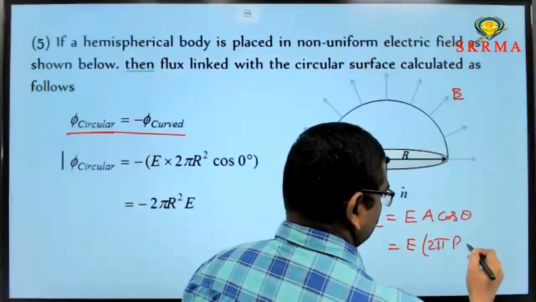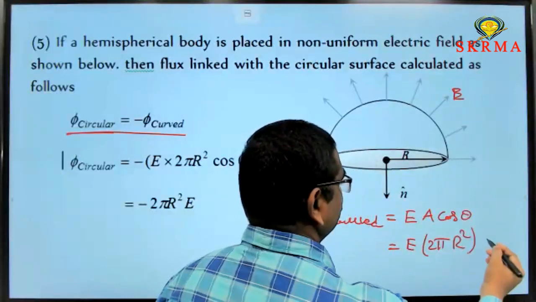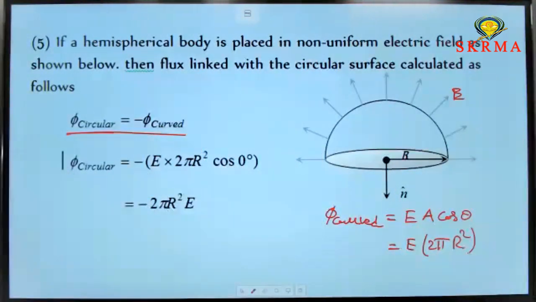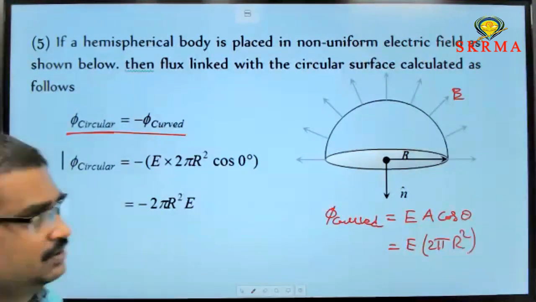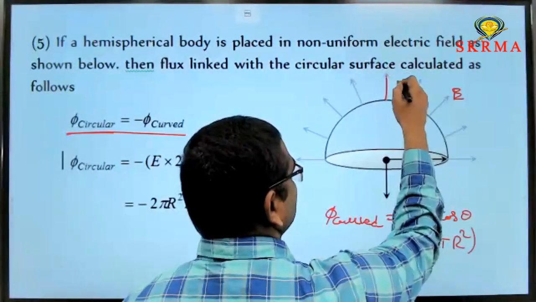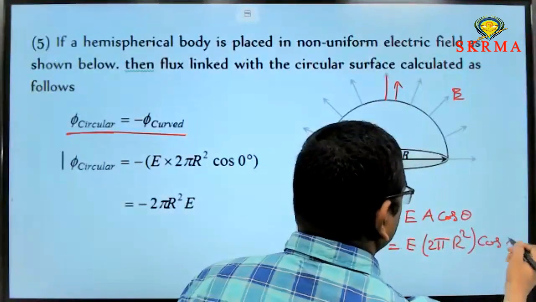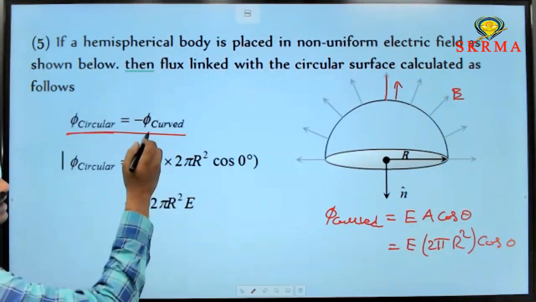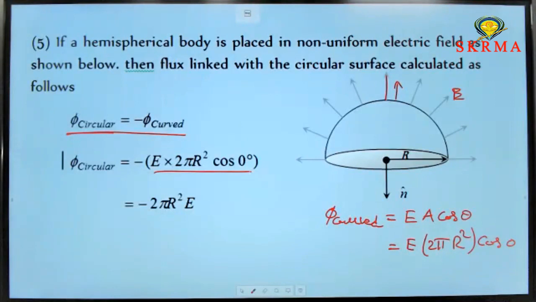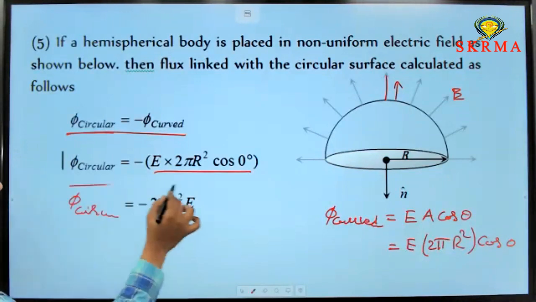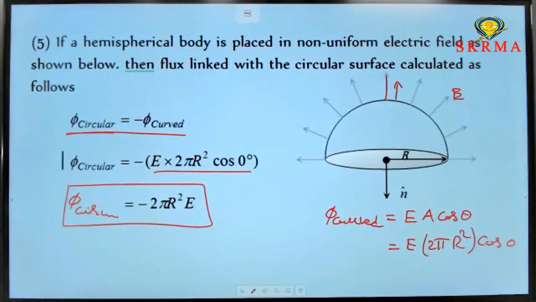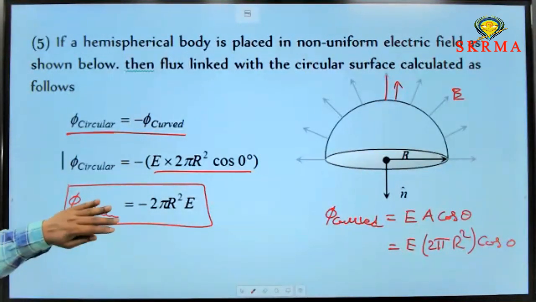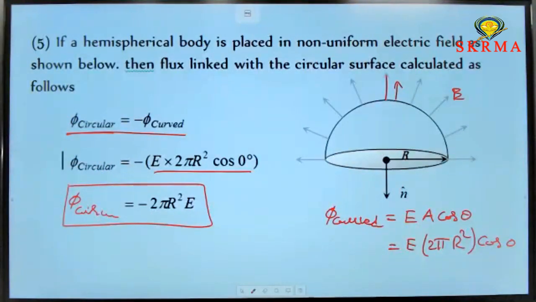Cos theta: the angle between the electric field and the area vector. Here the electric field is like this and the area vector is also like this, so cos 0. E A cos 0, with area 2 pi r square. Substituting, the flux passing through the circular one is equal to minus 2 pi r square E. This is the flux passing through the flat or circular surface.